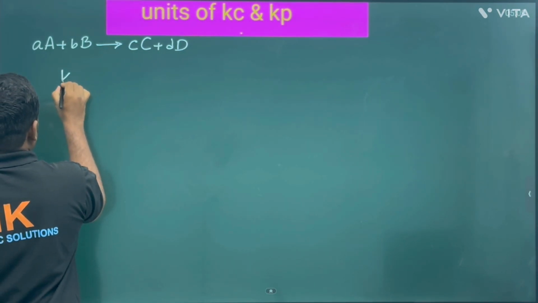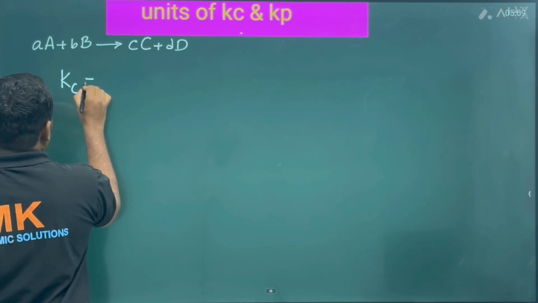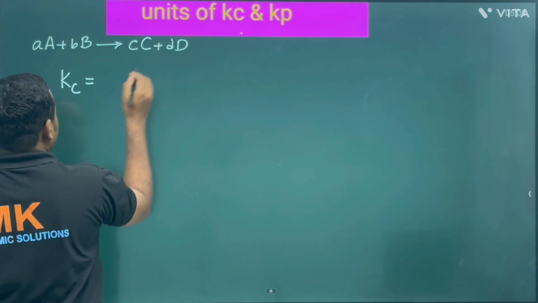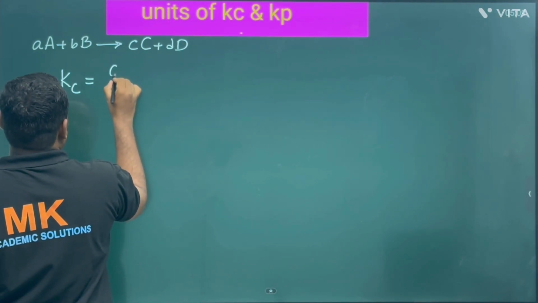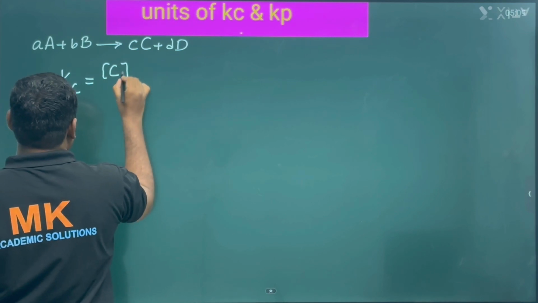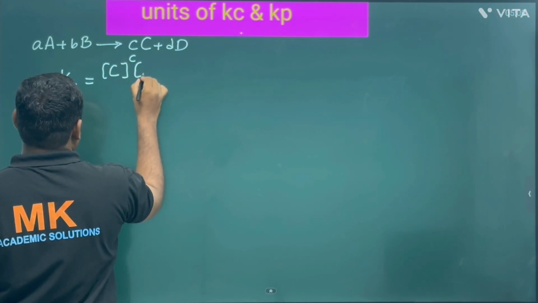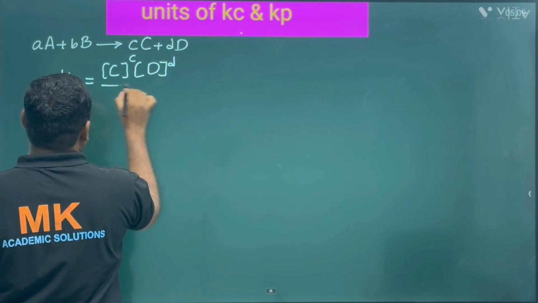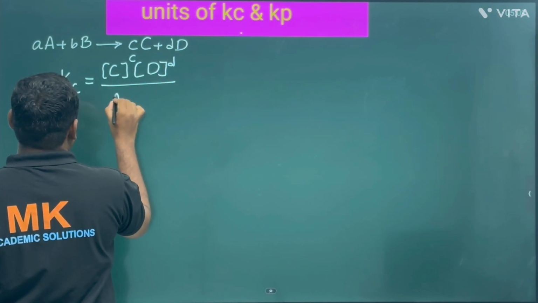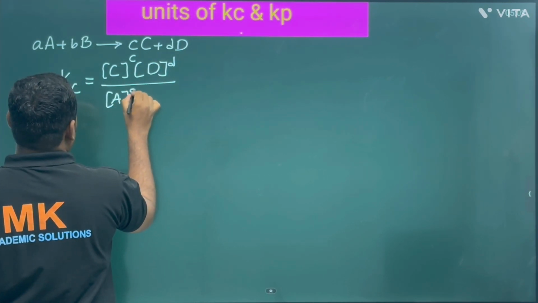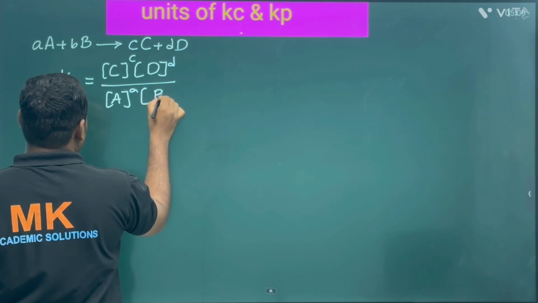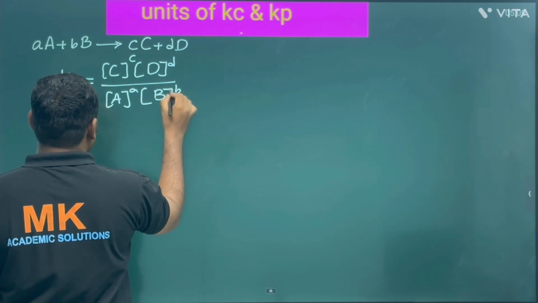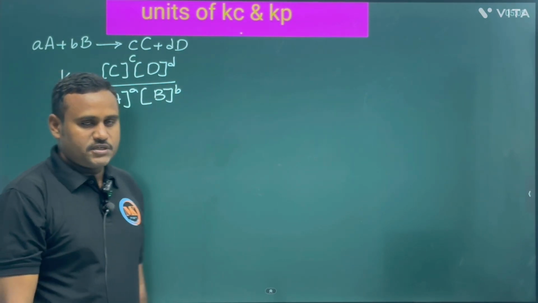Here Kc is equal to the concentration of C to the power c, concentration of D to the power d, divided by the concentration of A to the power a into the concentration of B to the power b. This is the expression of Kc.